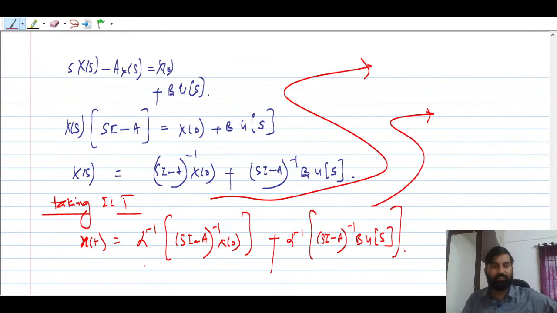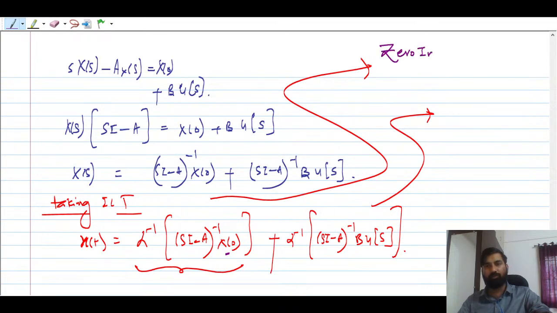You get this response because there is no input here, there are only initial conditions. Because of the initial condition, if x naught is given, you can find this response. So we call this response the zero input response.